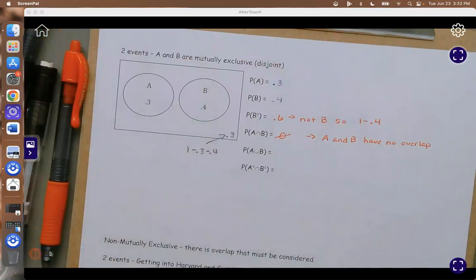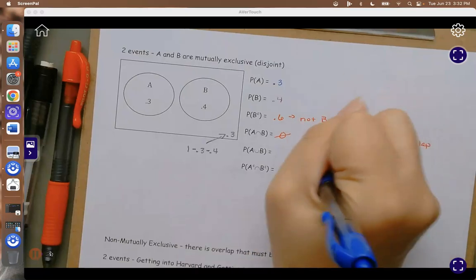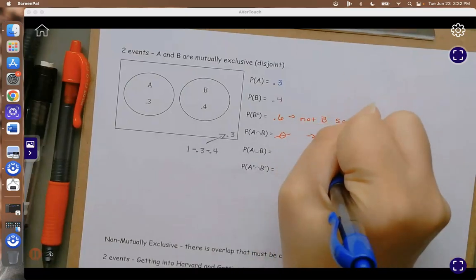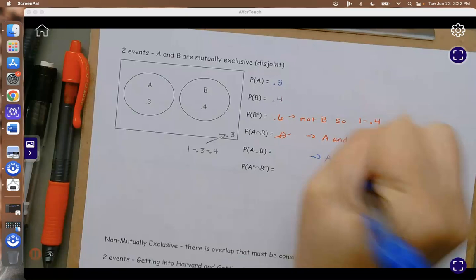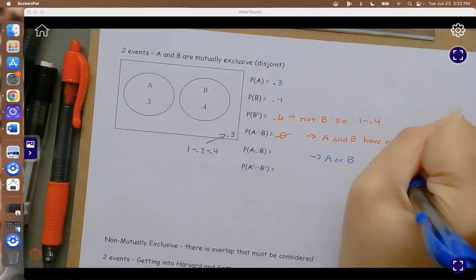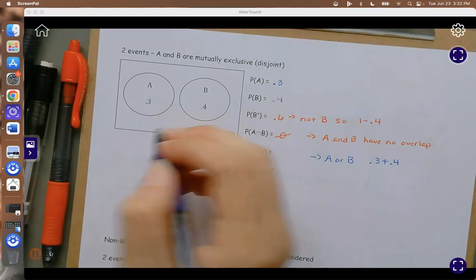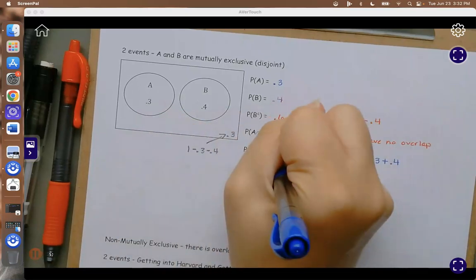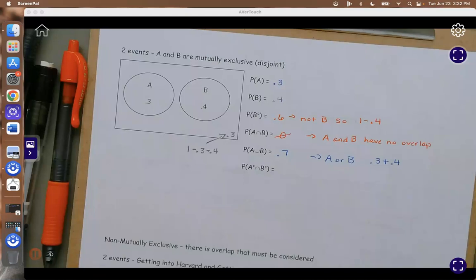Okay. All right. Probability of A or B. Okay. So this is A or B. So we do 0.3 plus 0.4, and we don't have any overlap, so we don't have to subtract it off. So that's going to be 0.7.